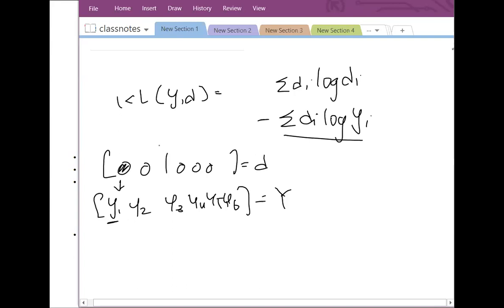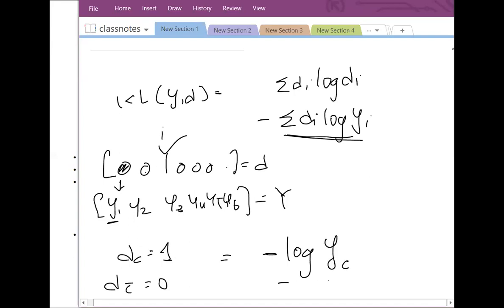For the one-hot vector, only one component is going to give you a reasonable value. All of these other guys are zeros. Only for the correct class is the d value 1, and for all the incorrect classes the d value is 0. So this second term is simply going to be minus the log of the output of the network for the correct class, and everything else becomes 0.